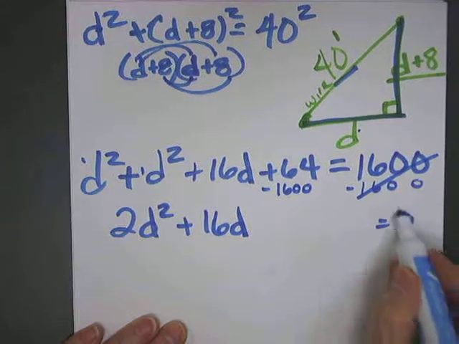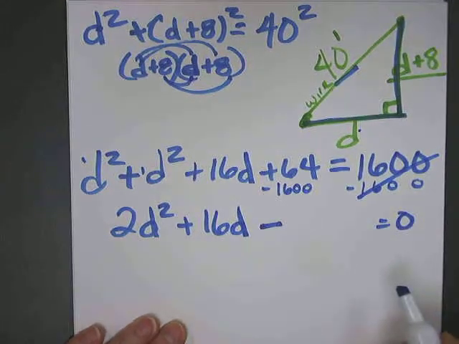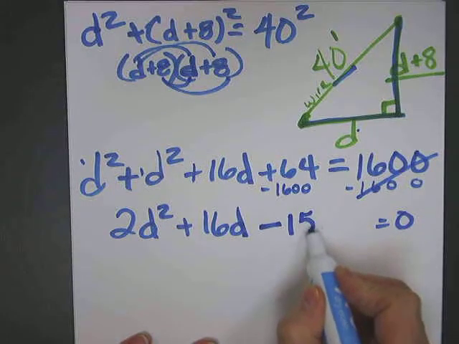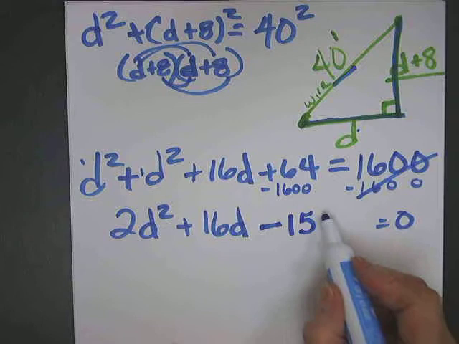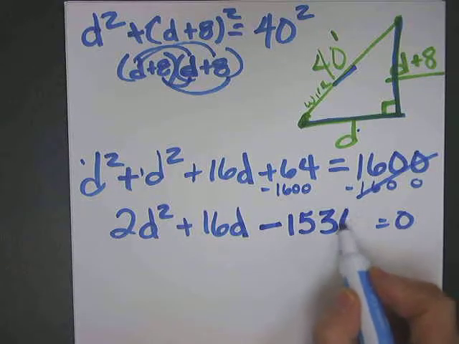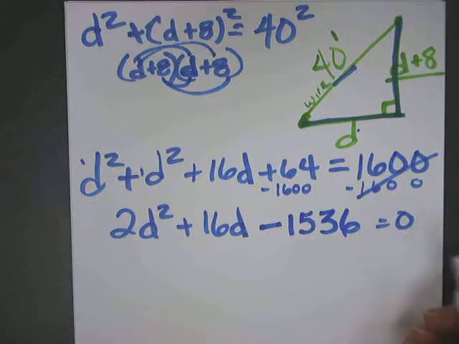I don't think it's going to fit here because that's going to get long, isn't it? We're going to have d squared plus, that squared is going to have to be FOILed.